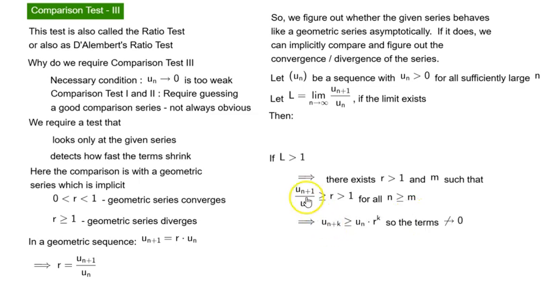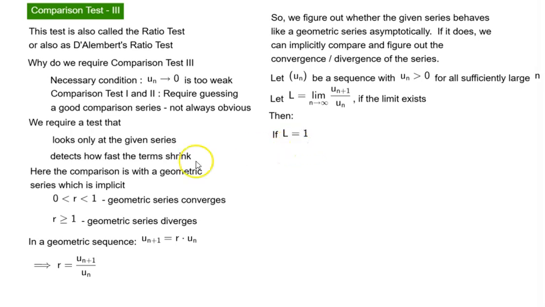Which implies in general u sub n plus k is greater than or equal to u sub n times r to the power of k. So, the terms do not tend to 0, which means the necessary condition itself is not satisfied. And hence the series diverges.